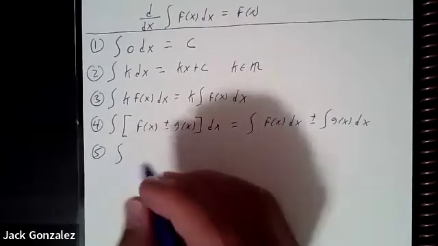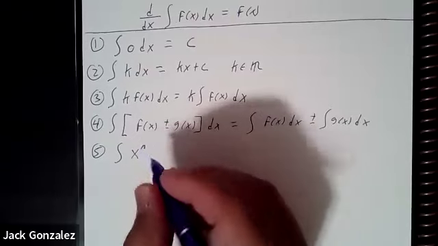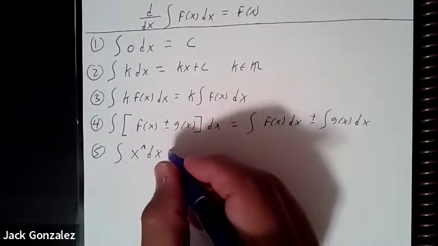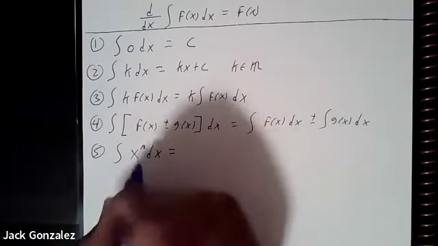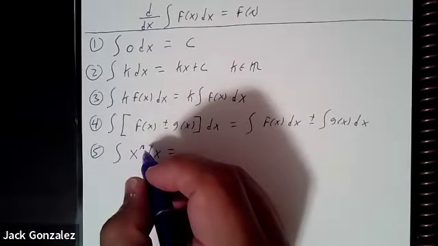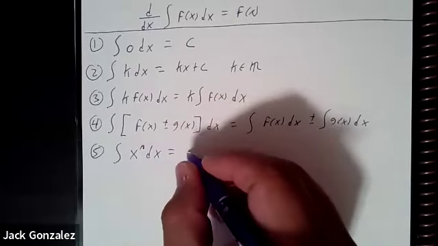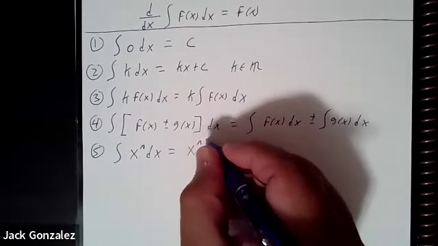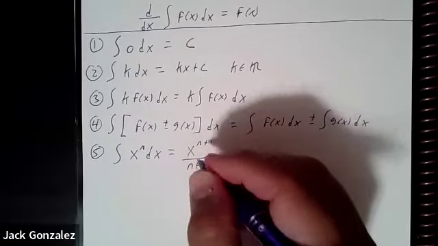This one is the most common, the power rule, but for antiderivatives. So remember when we were doing derivatives, you would subtract one, right? So now you're gonna add one and then divide by that outcome.